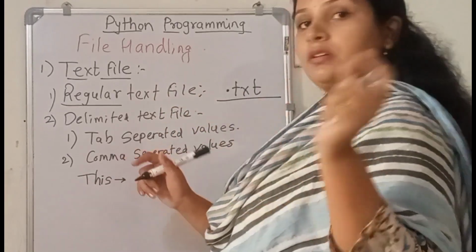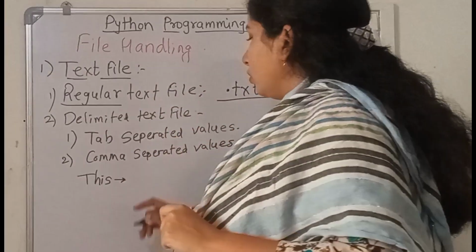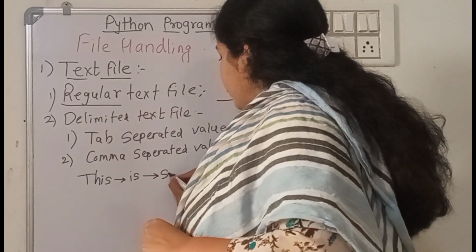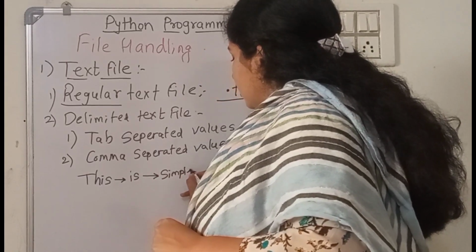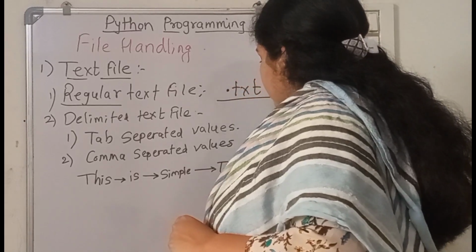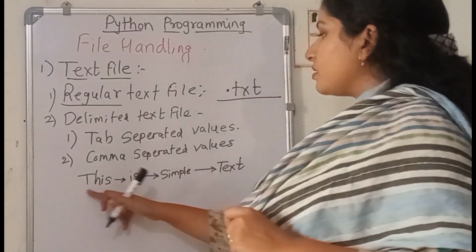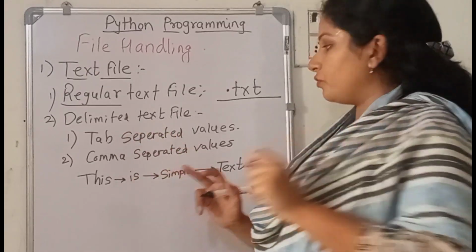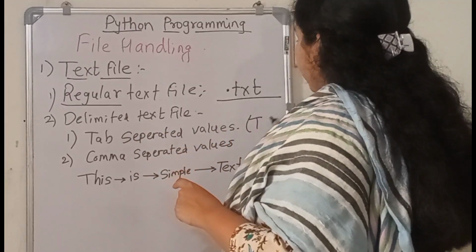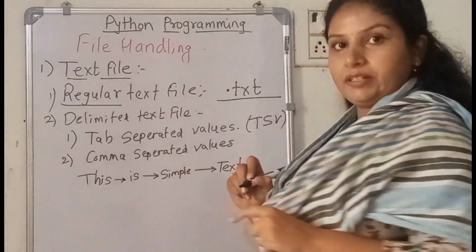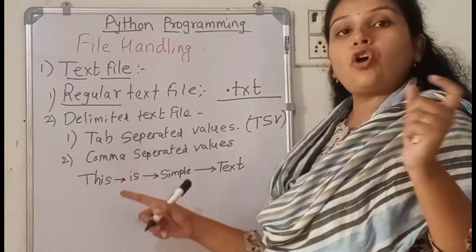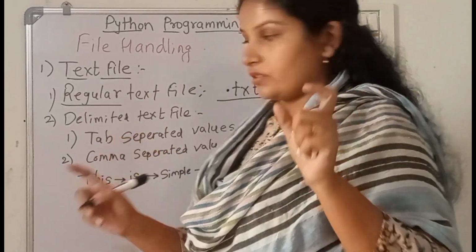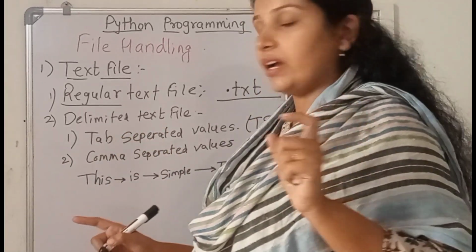So that tab symbol or character is there between this, is, simple, text. This is tab separated content in the TSV file. This is called a TSV file. And for comma separated values, these words are separated by commas.